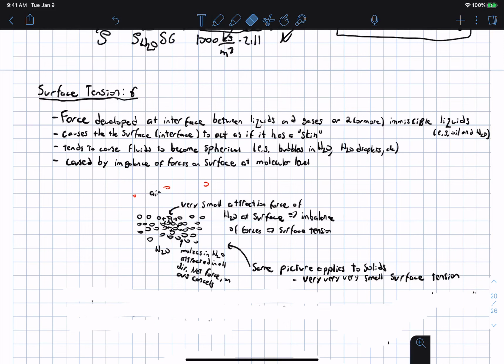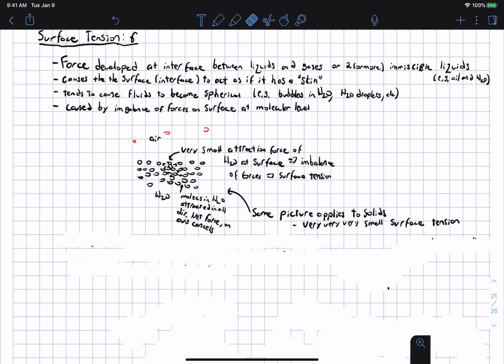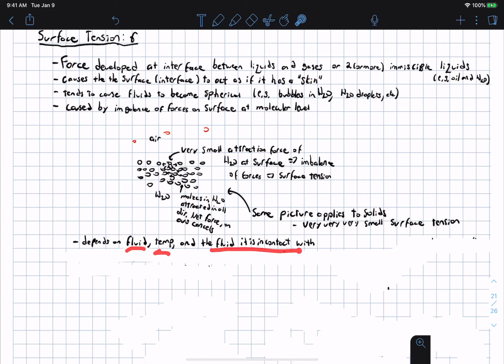Okay, and the surface tension depends on the fluid, the temperature, and the material that the fluid is in contact with. So there's no such thing as a surface tension of water.